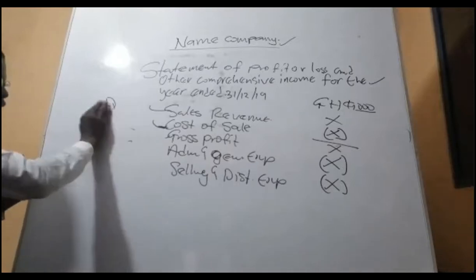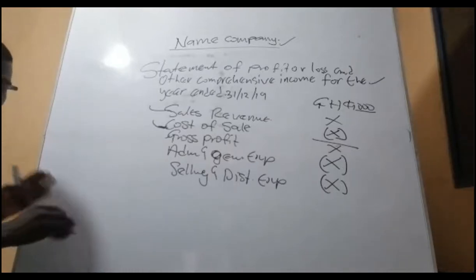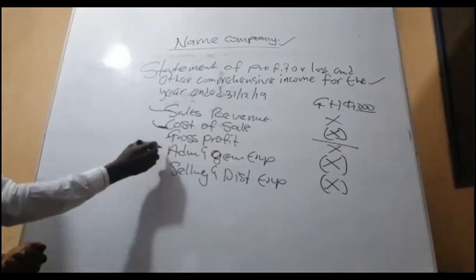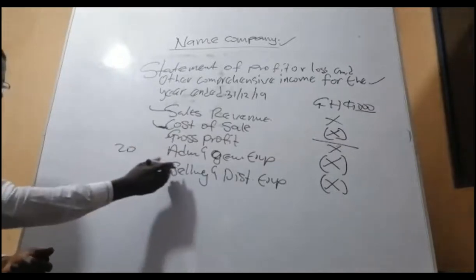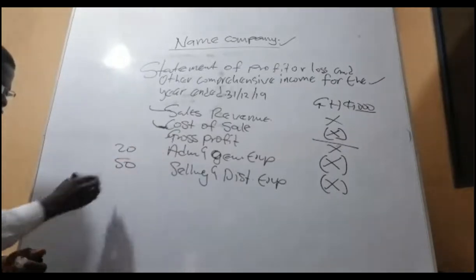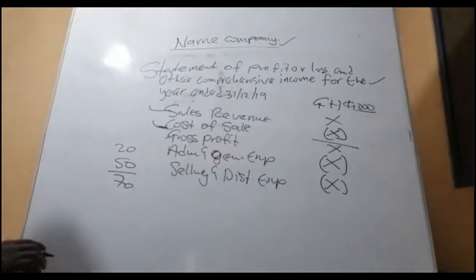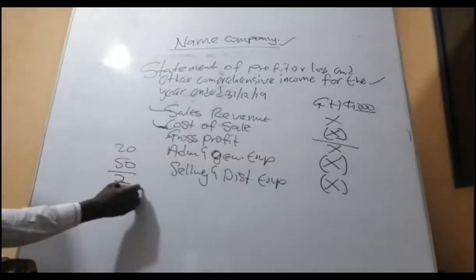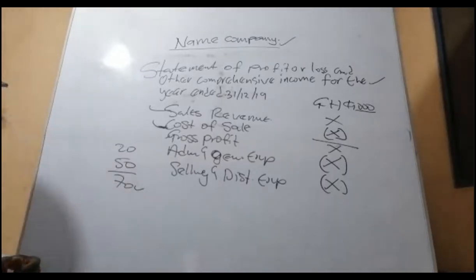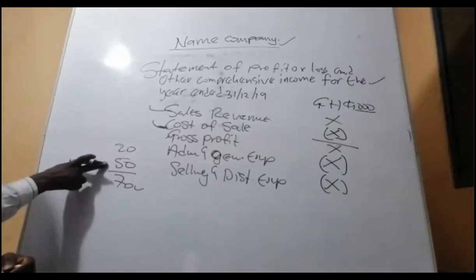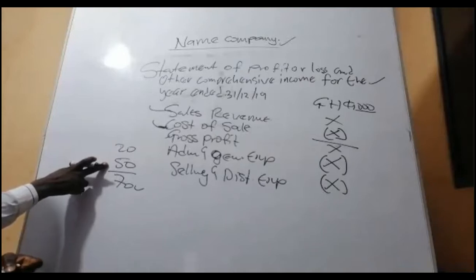So let's assume you did your arrangement and you had admin 20, selling and distribution 50, the total is 70. The total is correct, but individually there was one particular item supposed to be for admin, and you placed it under distribution.